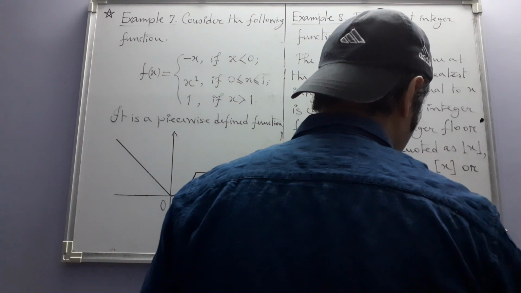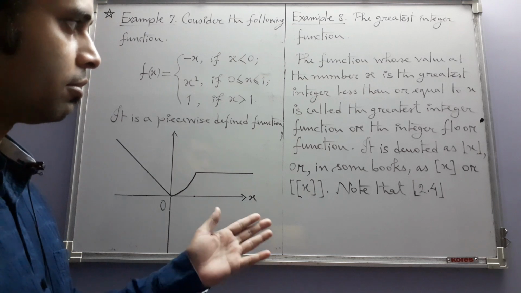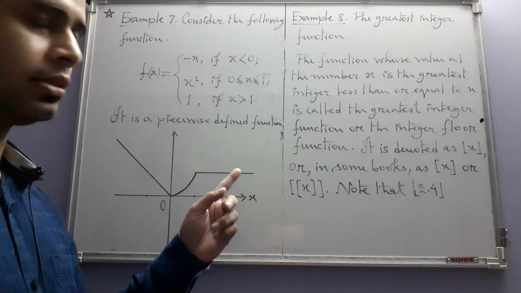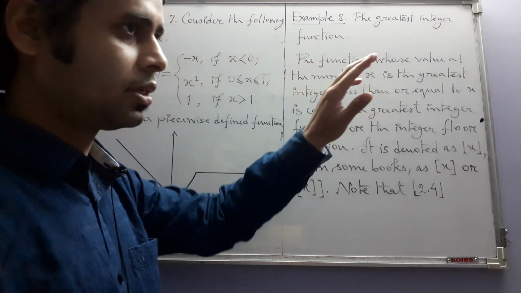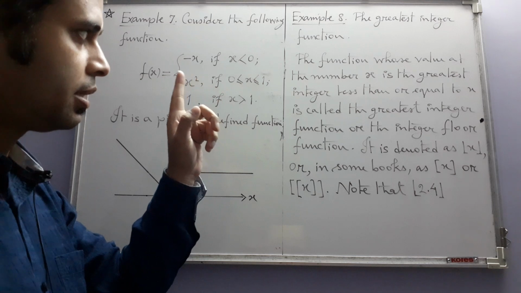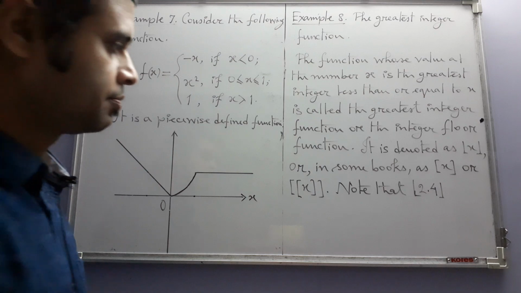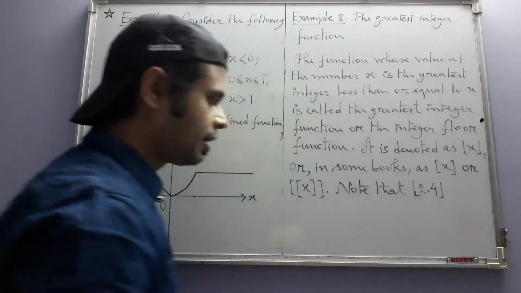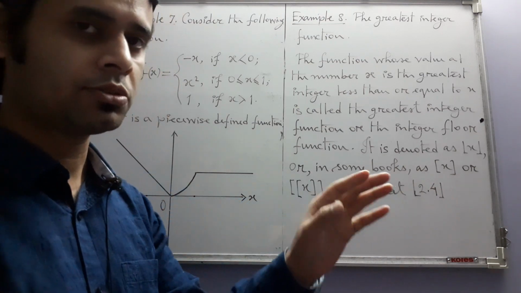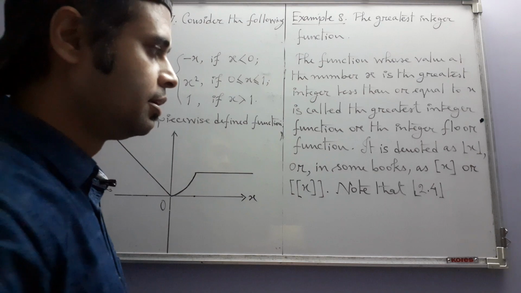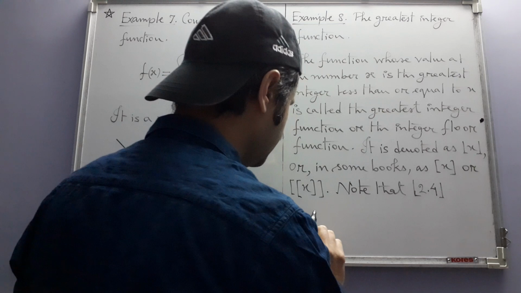The functional value of this function at the real number 2.4. Let us now take time to see what the definition is. At the real number x, the value of this function is the greatest integer less than or equal to x. Now, there are many integers less than 2.4, none of them equal to 2.4 because 2.4 itself is not an integer. In fact, infinitely many integers.